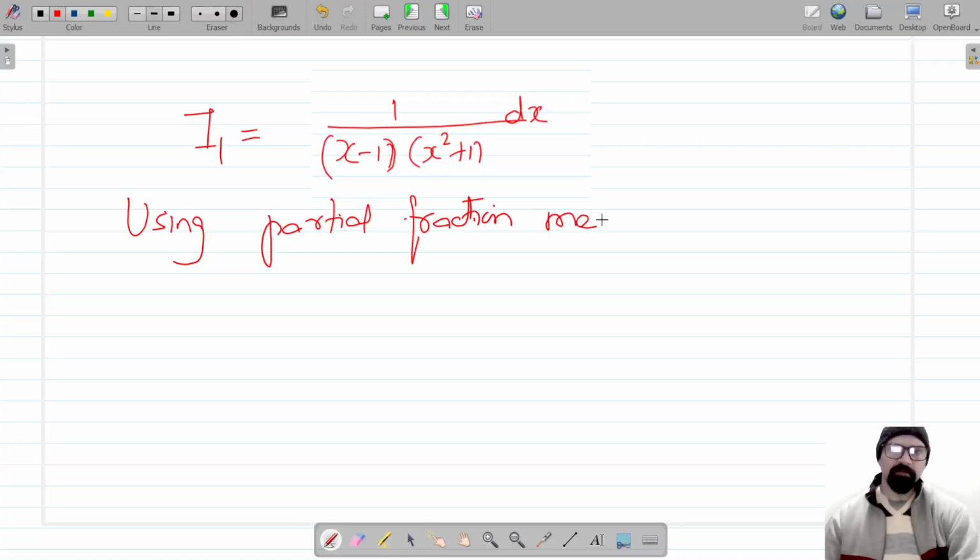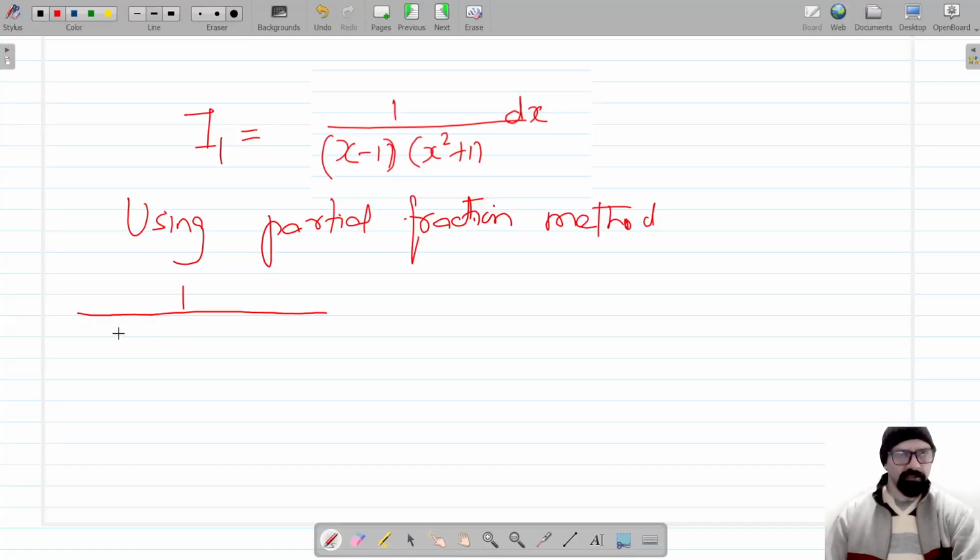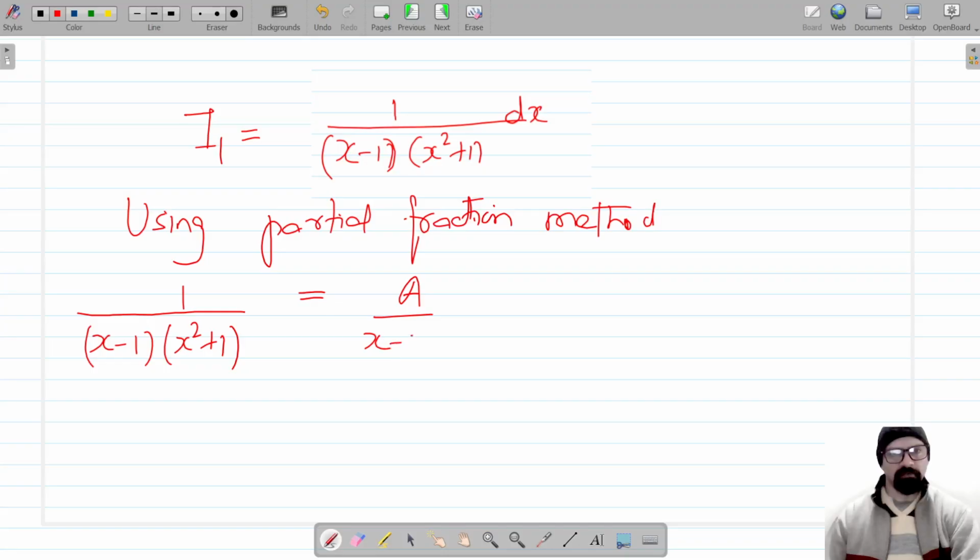According to the partial fraction method, I can write this in the form 1 upon x minus 1 into x squared plus 1, which can be written as A upon x minus 1 plus Bx plus C upon x squared plus 1.